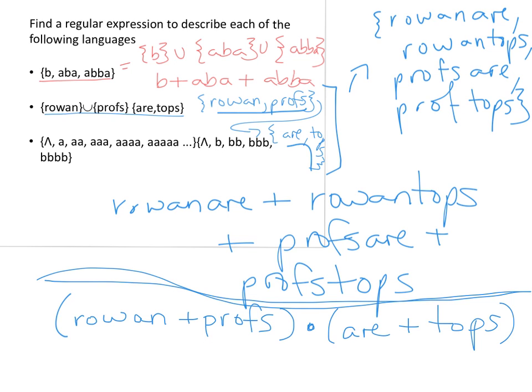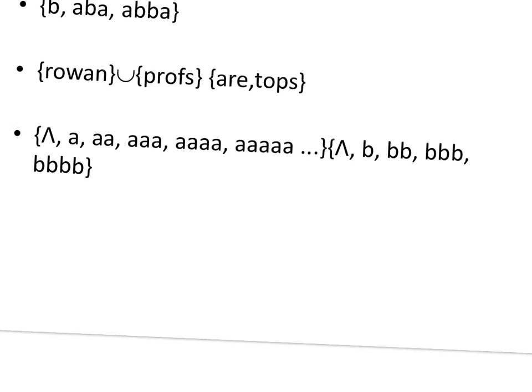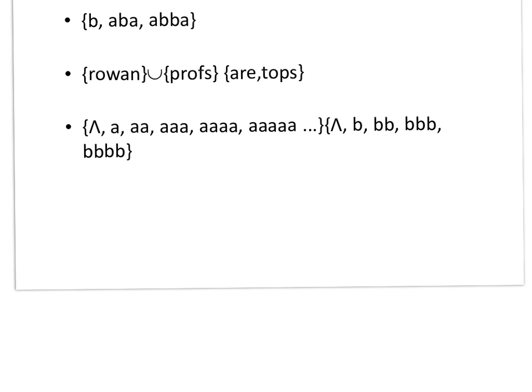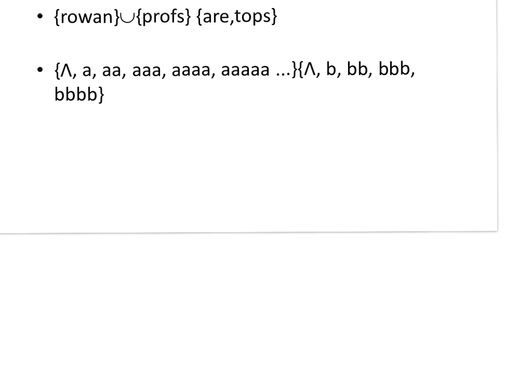All right, let me clean this up a little bit and I'll do the last one. Okay, so this last one, I'm sorry, since I put it into the slide for using it here, it's gotten wrapped, but it is 0 or more A's in a row, followed by 0 or more B's in a row, right?